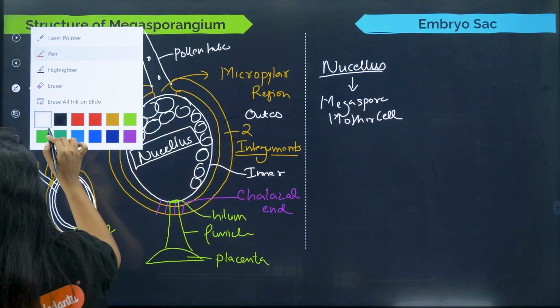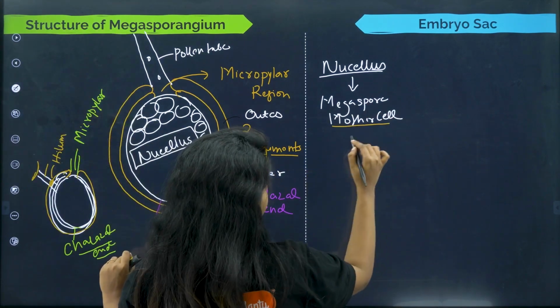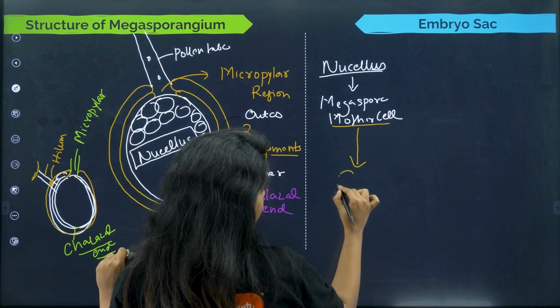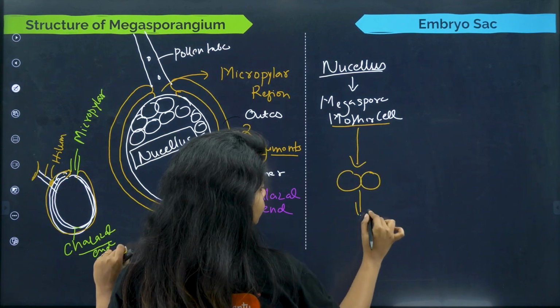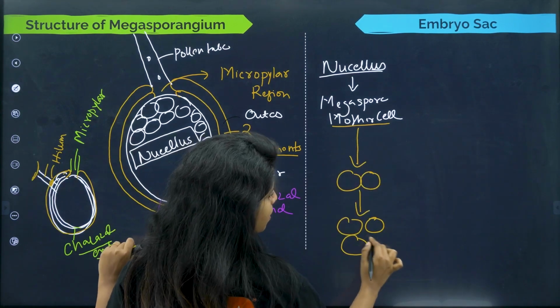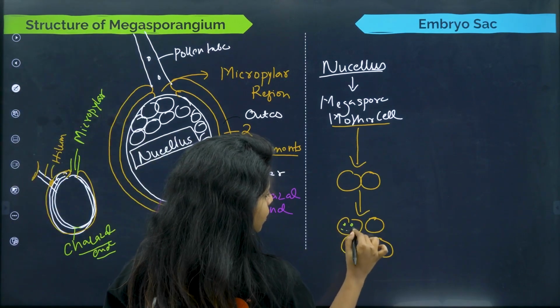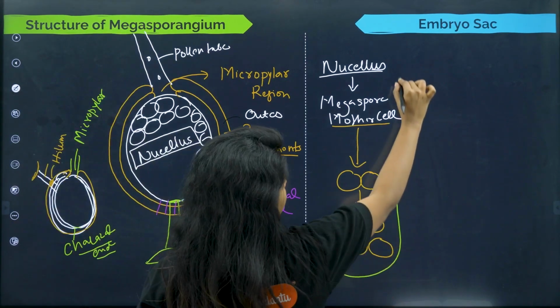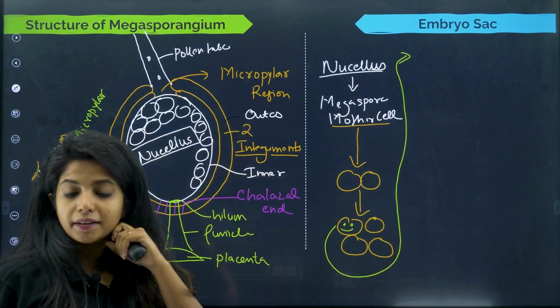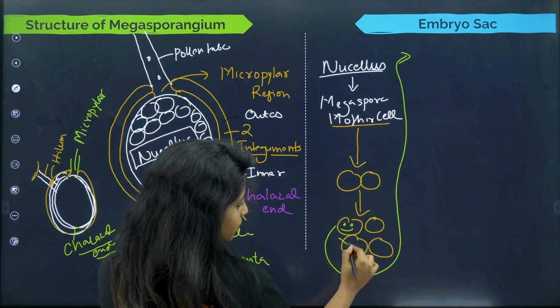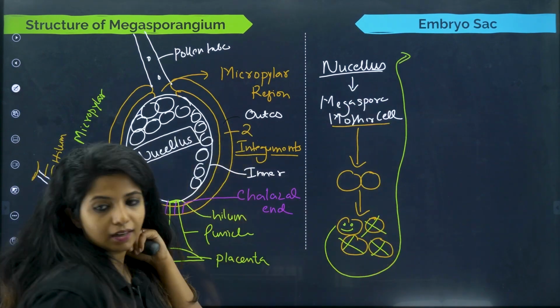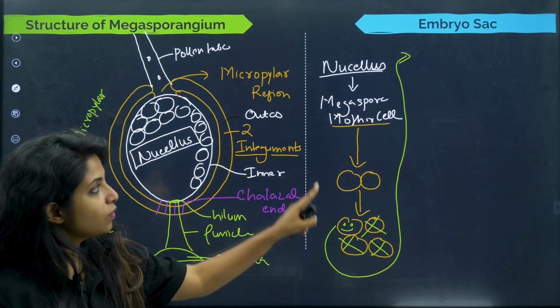This megaspore mother cell will now undergo meiosis 1 and form 2 cells, meiosis 2 and form 4 cells. But among them, only one cell will be forming the female gamete. All the rest of them will die. Only one will be going there.